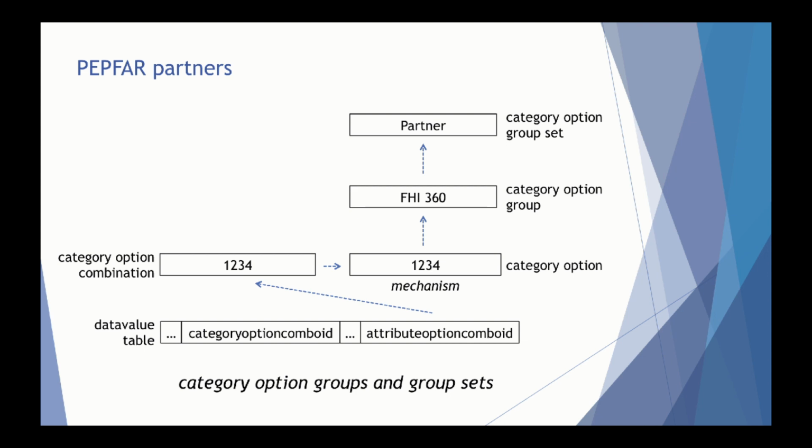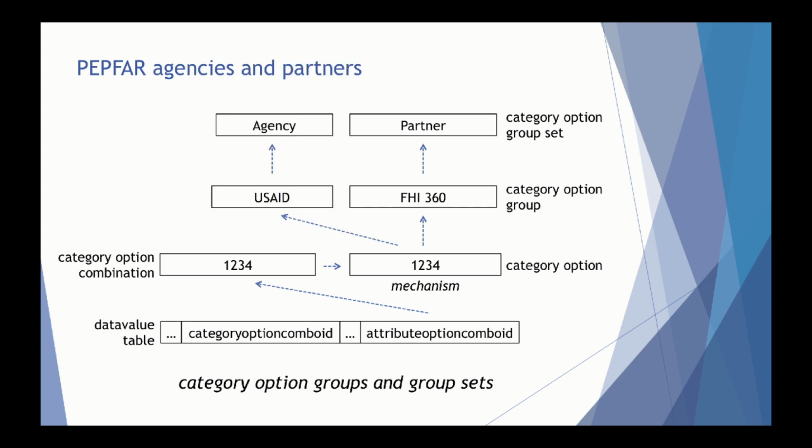So for example, the partner FHI 360 might have assigned to it the mechanism 1, 2, 3, 4. FHI 360 is a category option group containing all of the mechanisms assigned to it, and then partner is the name for the category option group set that contains all of the various partners, FHI 360 and the others.